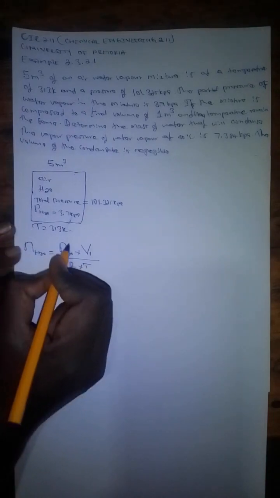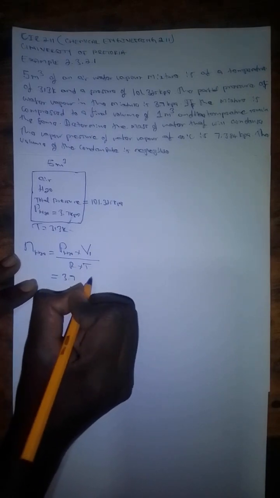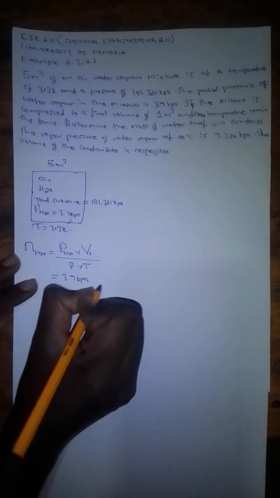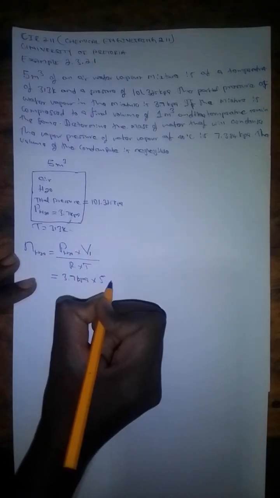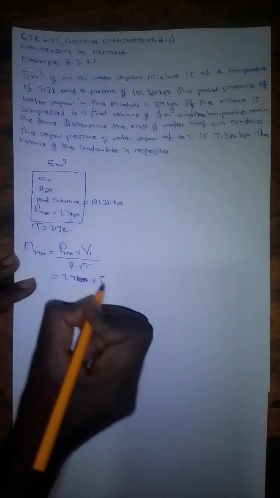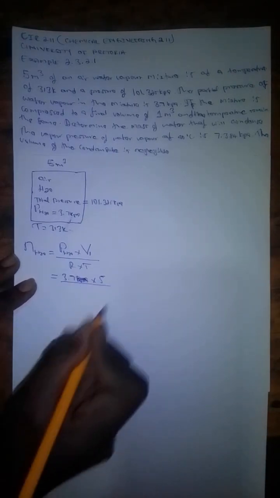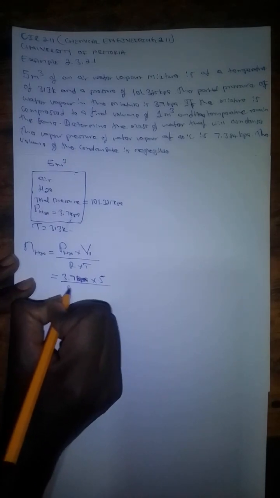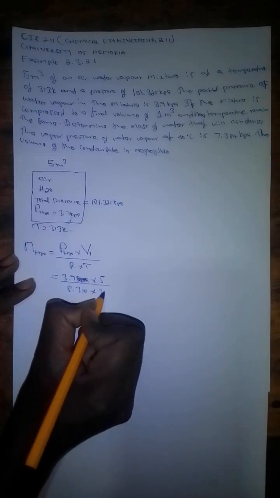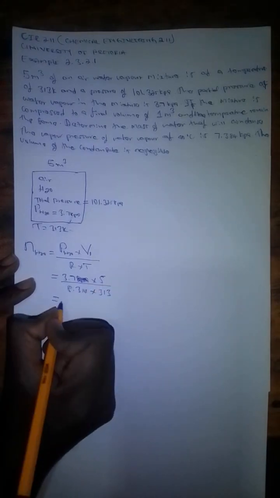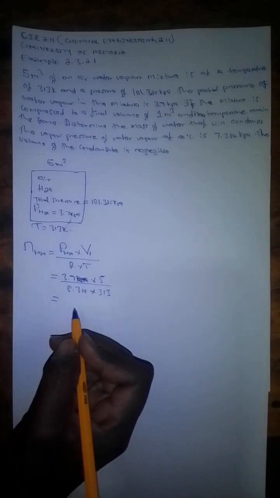Now, when we do that, we know that the partial pressure of water is 3.7 kilopascals, multiplied by our first volume, which is 5. Let me just ignore the units for now. So it's 3.7 kilopascals multiplied by 5 meter cubed, all over 8.314 multiplied by 313.